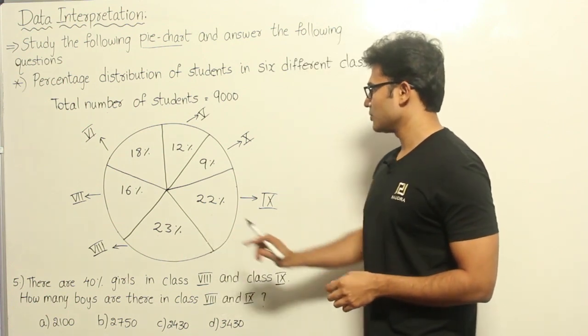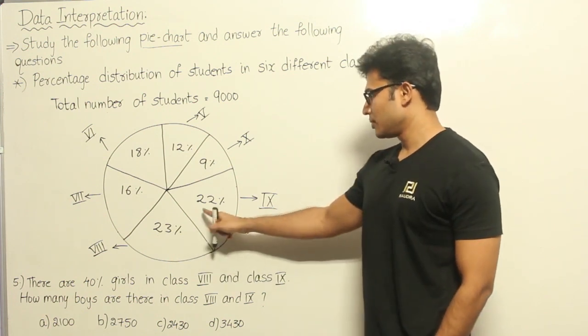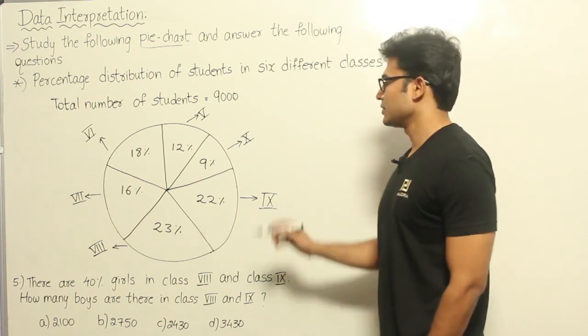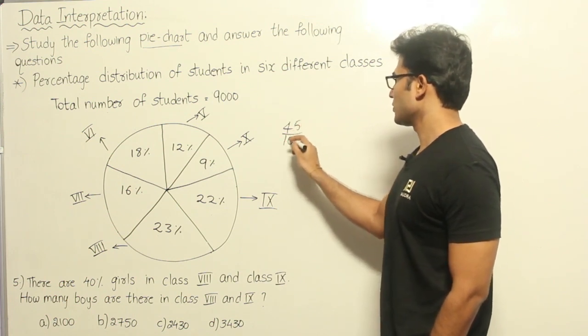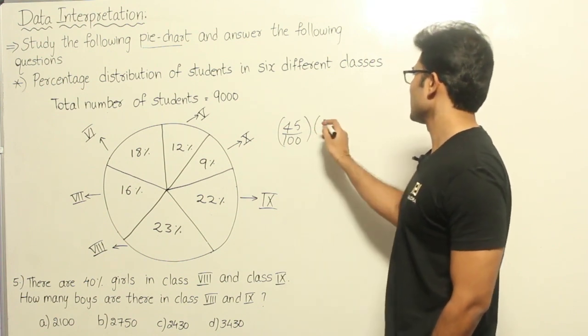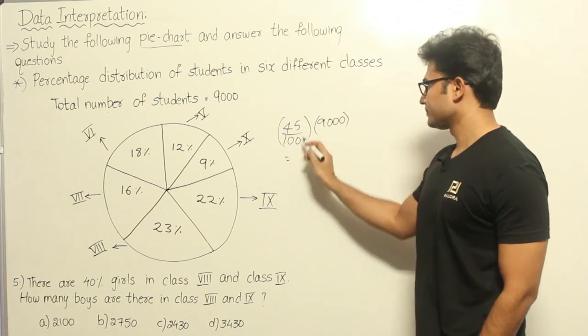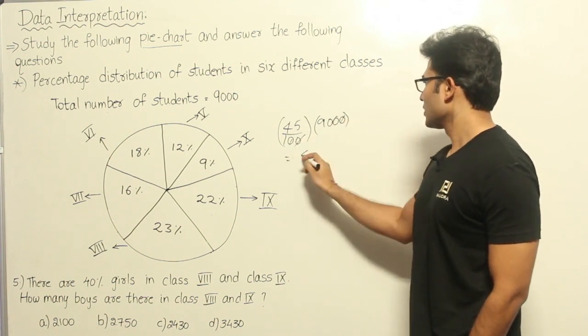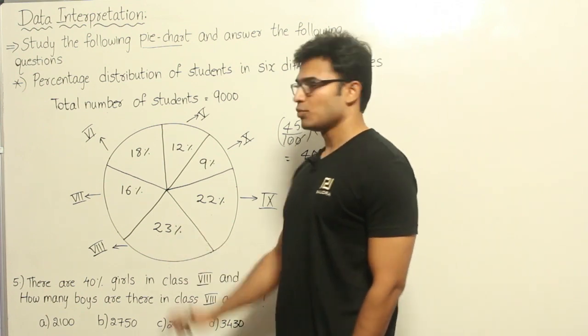Now in class 8 and 9 put together, the total number of students will be 23 plus 22, which means 45%, right? So 45% of the total number of students, which is 9,000, will be present in class 8 and 9, right? So this is going to give you the total strength, 4050, of class 8 and 9 put together.